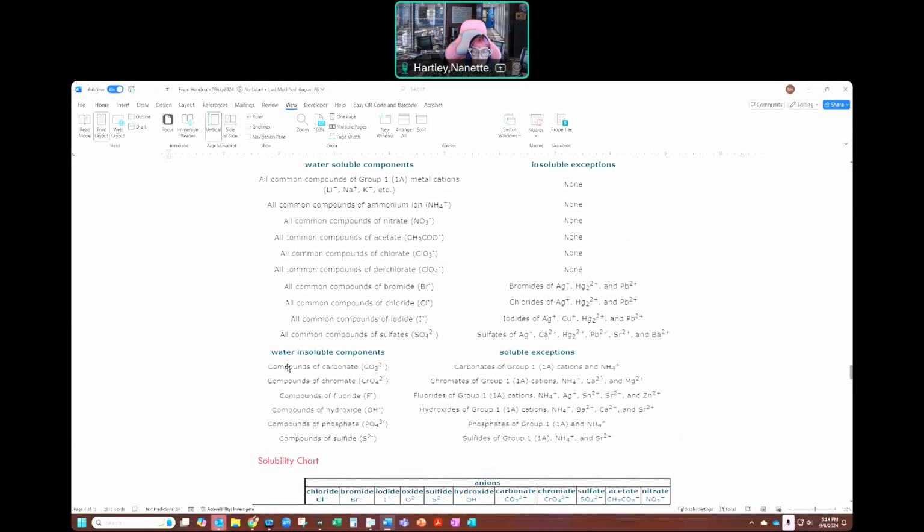So you'll see like CO3 2 minus is almost always insoluble unless it's attached to a group 1A cation or NH4 plus, which is from here. So again, this always applies. So that's what we're talking about, okay?